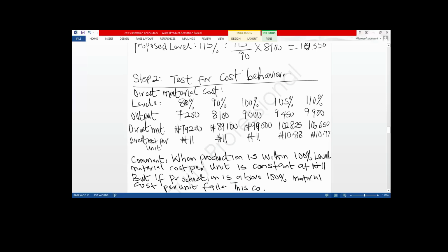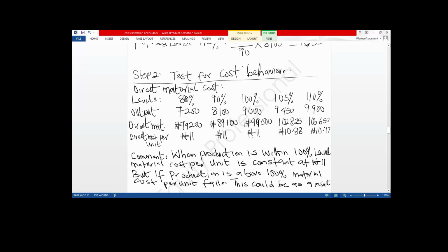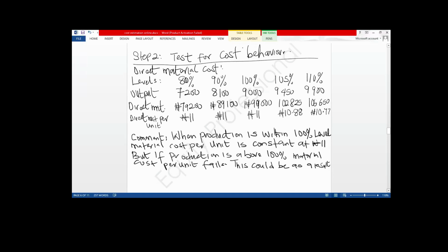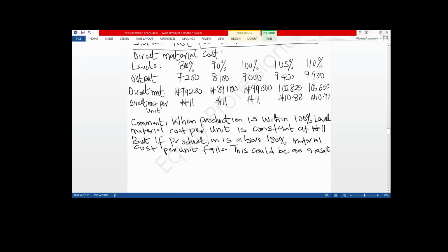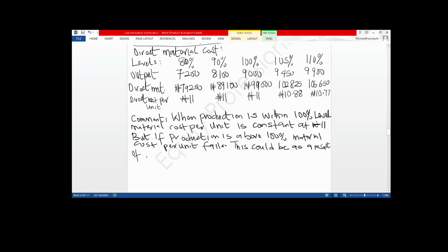This could be as a result of large quantity discounts obtained on material purchase. Full stop.